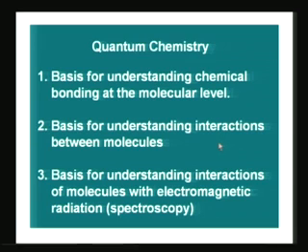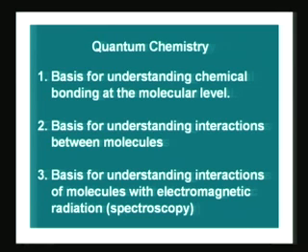Also the interactions between molecules, which are responsible for chemical reactions, which are responsible for physical transformations, all these things are also from the principles of quantum chemistry. And most importantly for a practical chemist, quantum chemistry provides the basis for understanding the interactions of molecules with electromagnetic radiation.